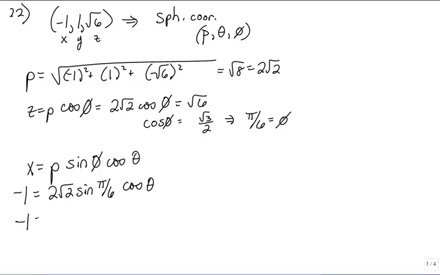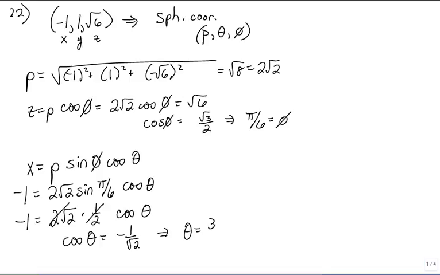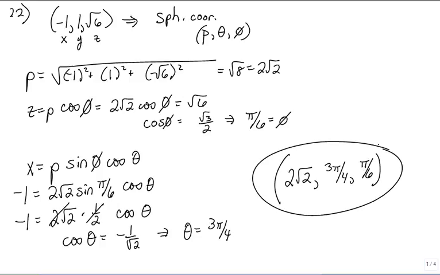So I have cosine theta equals negative 1 over square root of 2, and that gives me theta equals 3 pi over 4. So in spherical coordinates, I have that.